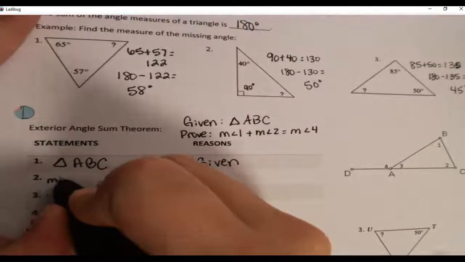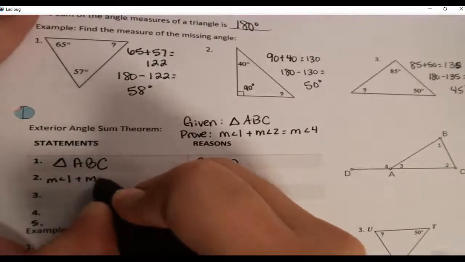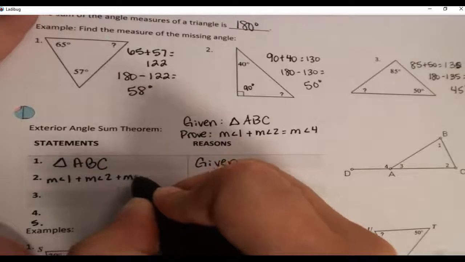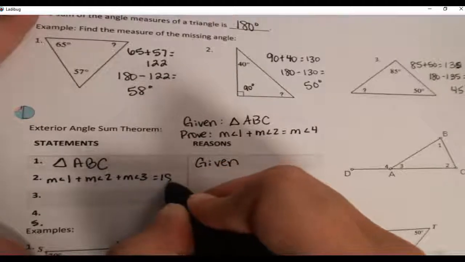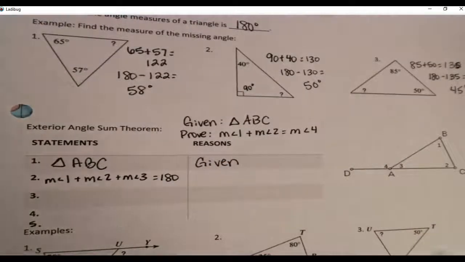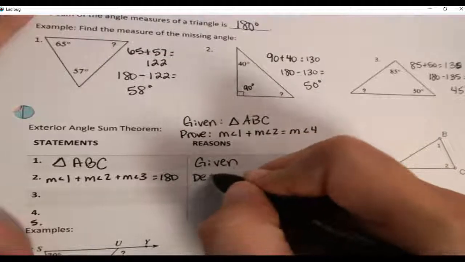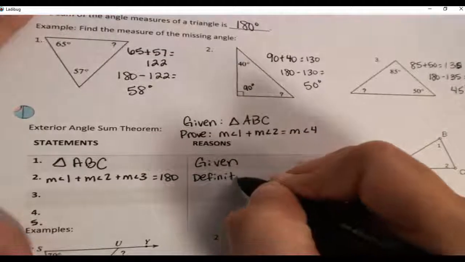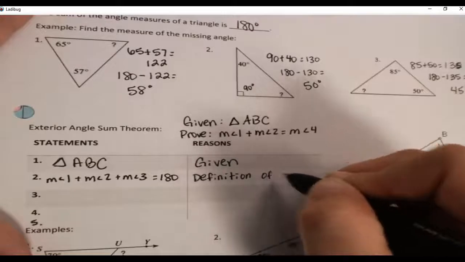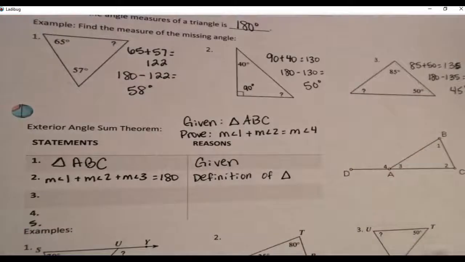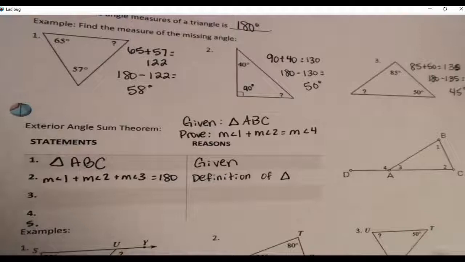So we can say the measure of angle 1 plus the measure of angle 2 plus the measure of angle 3 equals 180. And we know that because we just proved that, and that's the definition of a triangle. So definition of a triangle is it has 3 sides and its angles add to 180. Okay.